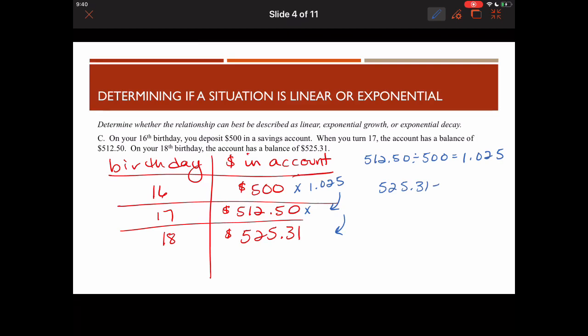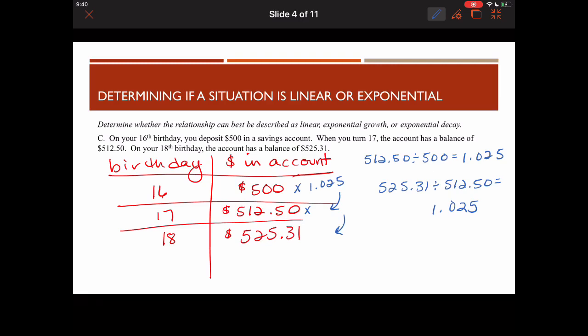Now let's see if I take $525.31 and divide by 512.50. Use your calculator. You're going to get 1.024995, right? But when I round that, I get 1.025.